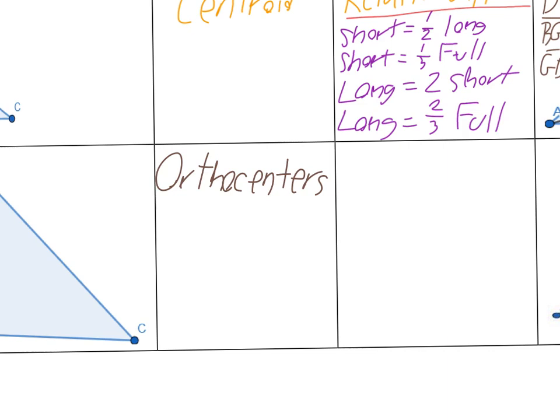In that for an acute triangle, let's change up the colors real quick. In an acute triangle, the orthocenter is inside. So acute, inside.